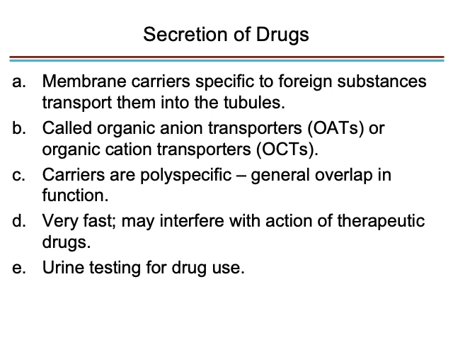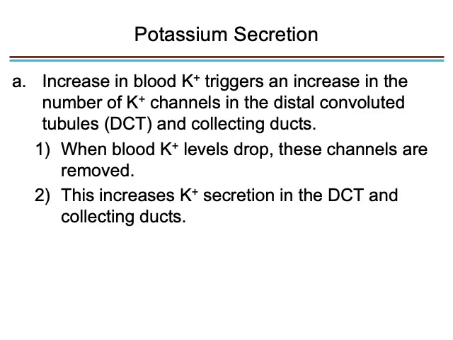So when you're applying for that job and they want you to take a urine drug test, blame your distal convoluted tubules. But drug metabolites aren't the only compounds moved within the distal convoluted tubules. There's also excess potassium in the blood that can be secreted back into the filtrate, again in the distal convoluted tubules.